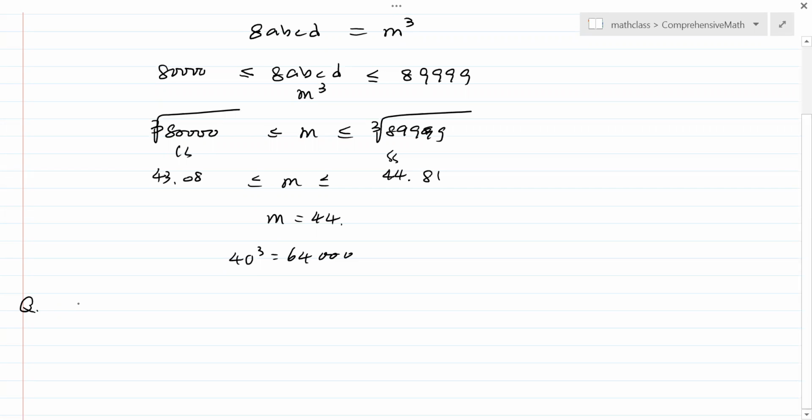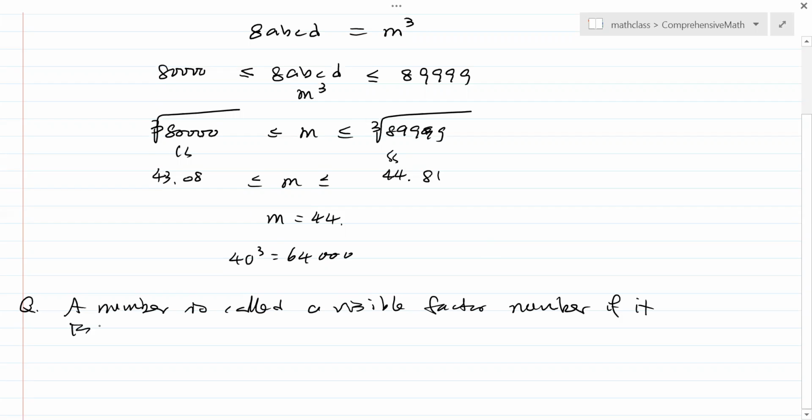A number is called a visible factor number if it is divisible by each of its non-zero digits.